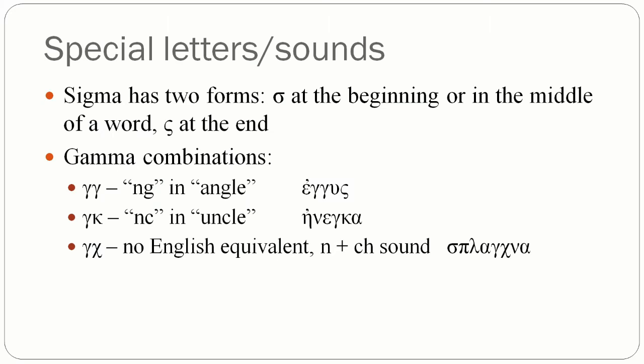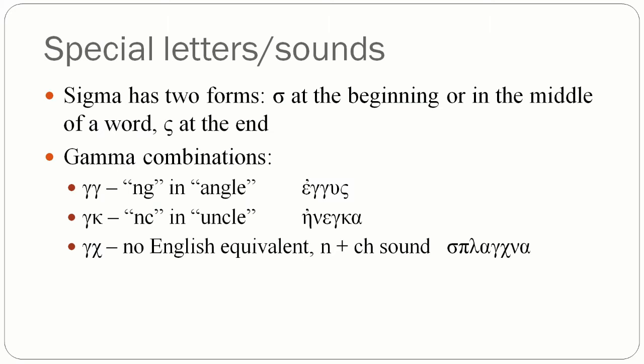But if gamma comes in these combinations, it alters the sound a little bit. If you have two gammas right next to each other, this is now pronounced like the ng sound, as in the word angle. So that ng sound in angle.